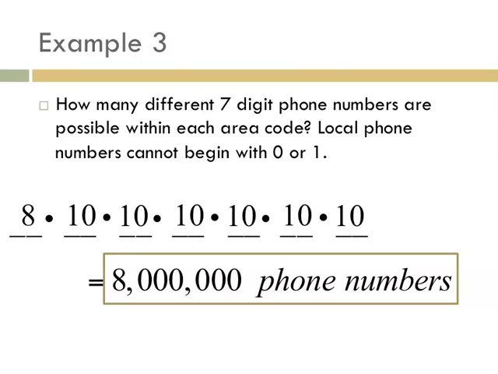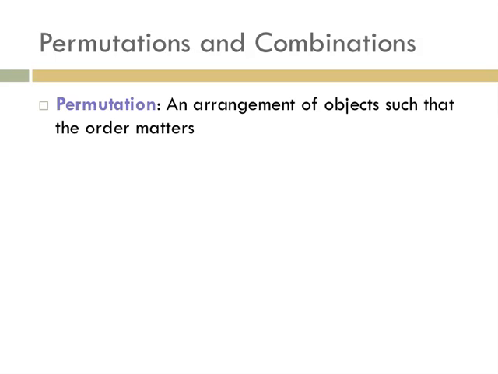Okay, the next thing we're going to talk about are permutations and combinations. So a permutation is an arrangement of objects such that the order matters. Now there are a number of different places where this could be the case.